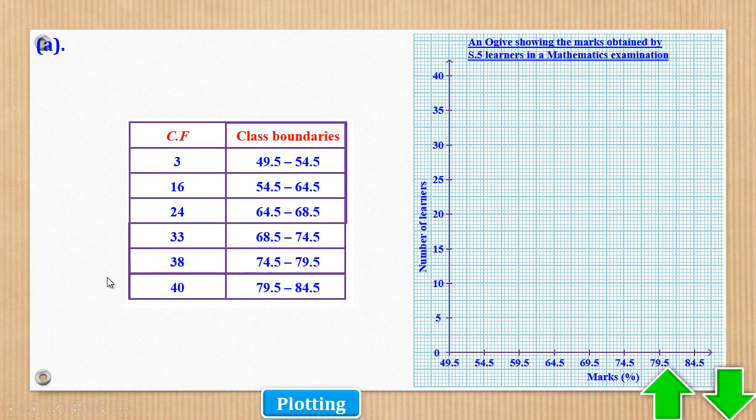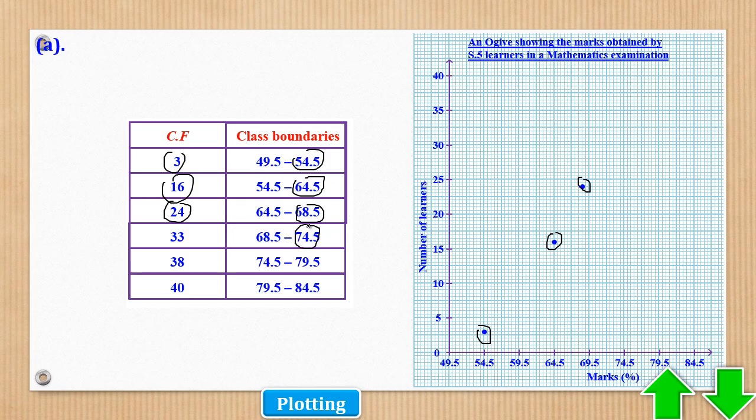We plot cumulative frequency against upper class boundary. So we're interested in these values together with this. 54.5 corresponds to 3, so we shall come and locate 3. 60.5 corresponds to 16, so come and locate. 68.5 corresponds to 24.